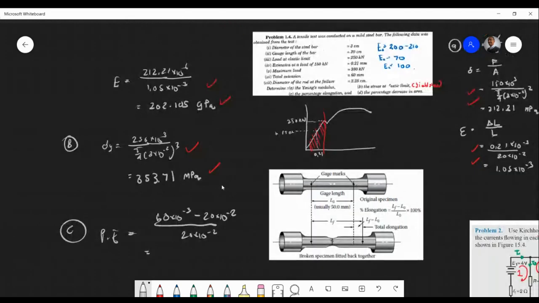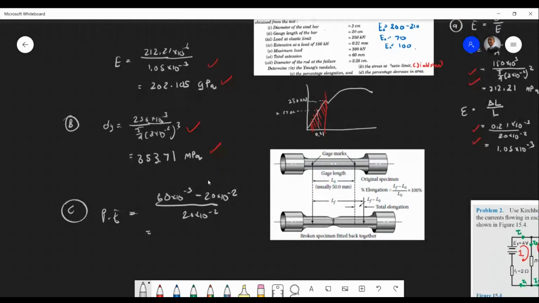What is my initial length? Oh, this is incorrect on top here. It should be 20 times 10 to negative 2 minus 60. The initial length was 20, yeah. You get 0.7, so 70%.